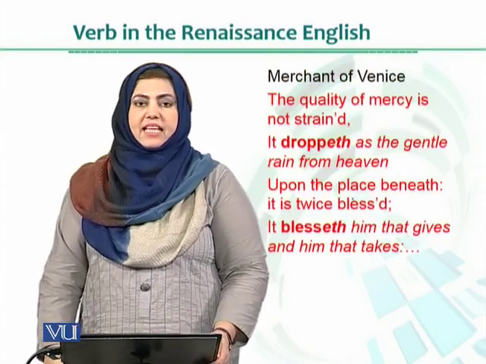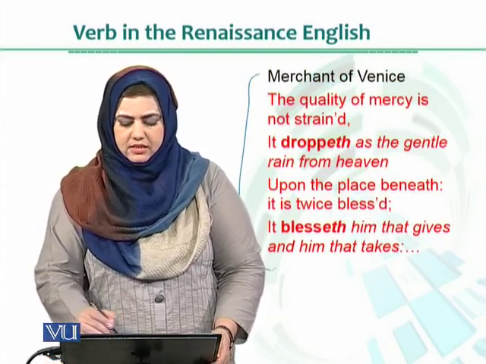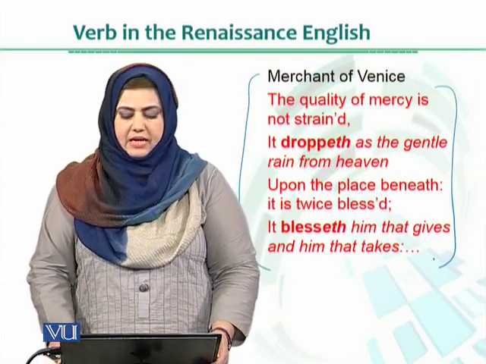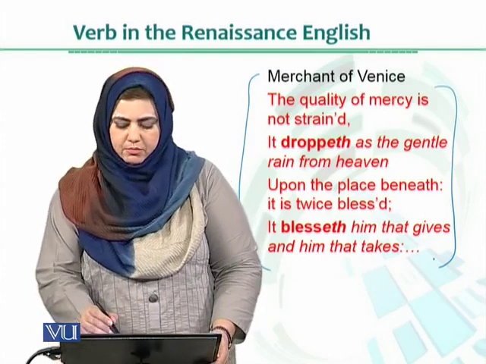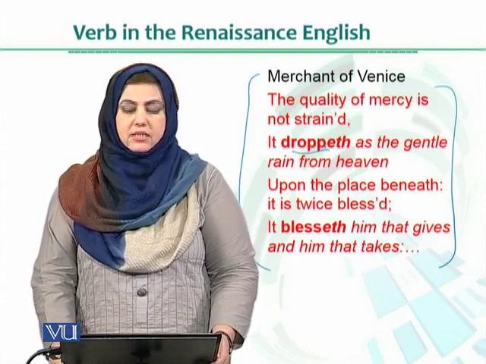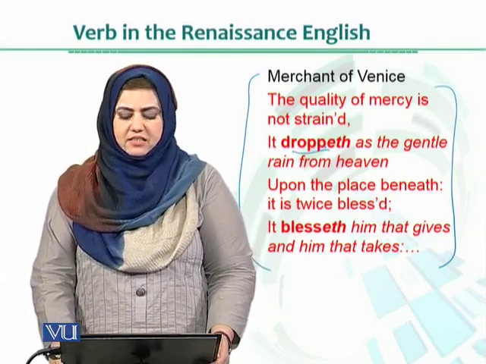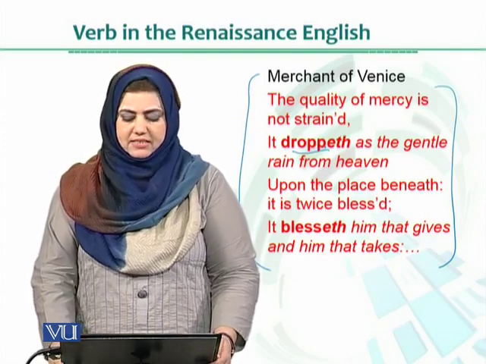Notice this text again that is taken from Merchant of Venice, and the text, this red part, has certain examples of this usage. I have already put them in bold for you, by the way. The quality of mercy is not strained, it droppeth as the gentle rain from heaven. Upon the place beneath it is twice blessed.